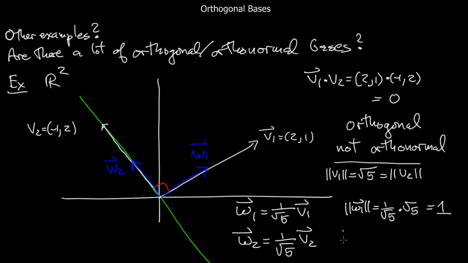And you see here the length of W1 I just computed to be 1, and the length of W2 is also 1. And they're still orthogonal to each other. Okay, so I have now constructed an orthonormal basis, starting with an orthogonal basis just by modifying each vector by the appropriate scalar.